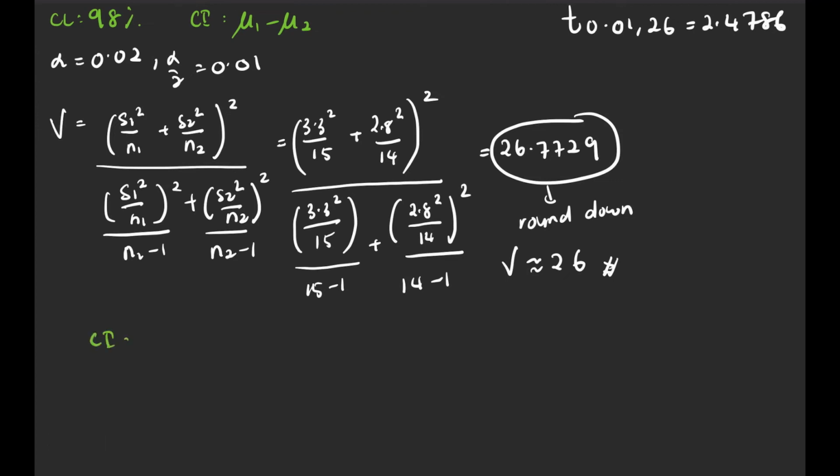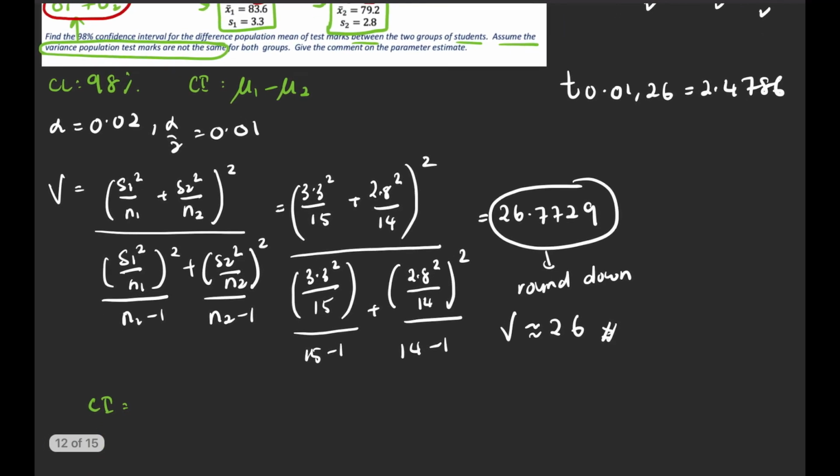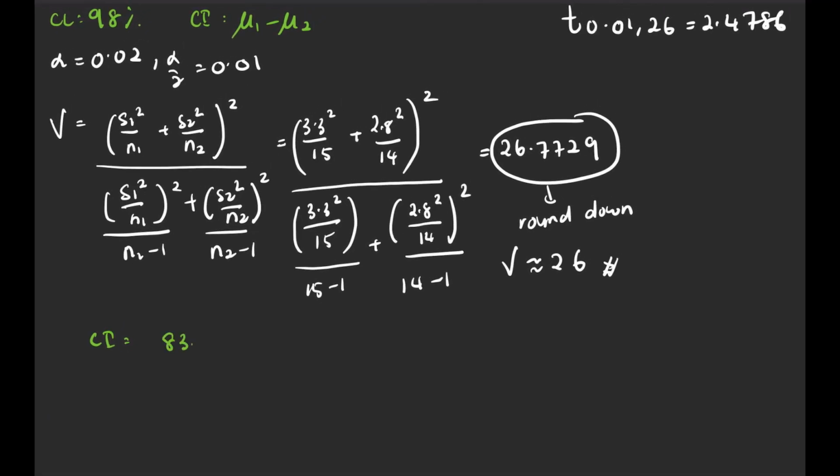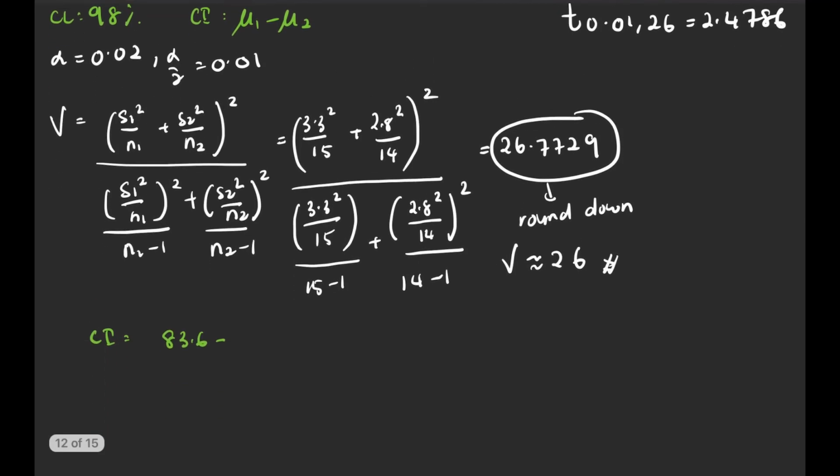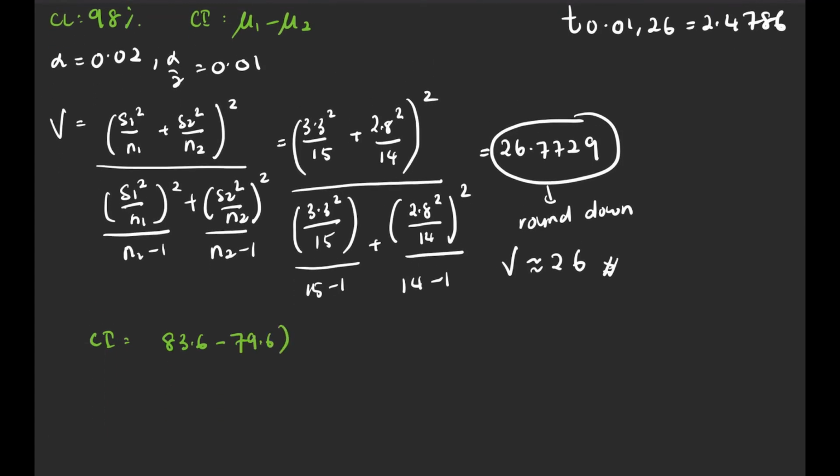So the confidence interval is equal to x bar 1, which is 83.6, minus x bar 2, which is 79.2, plus minus 2.4786 times the square root of S1 square over N1, so S1 is 3.3 square over 15 plus 2.8 square over 14.